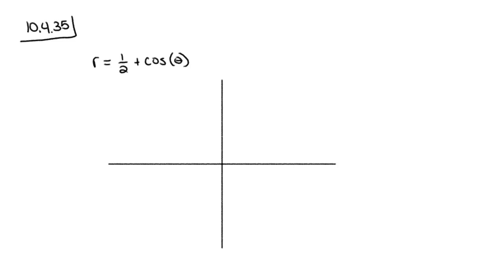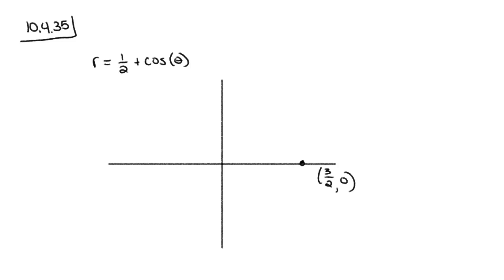Anyhow, when theta is 0, we're facing that way, and the cosine of theta is 1 plus 1/2, so we get all the way out here to 3/2. So 3/2 is the radius when the angle is 0. It'll start carving out in the counterclockwise direction.